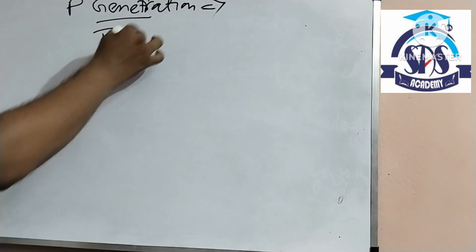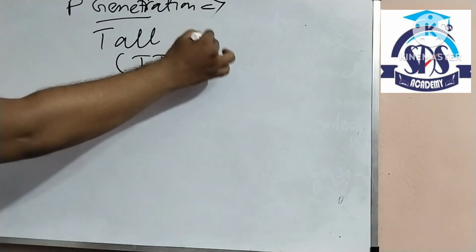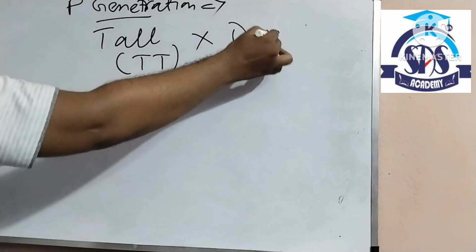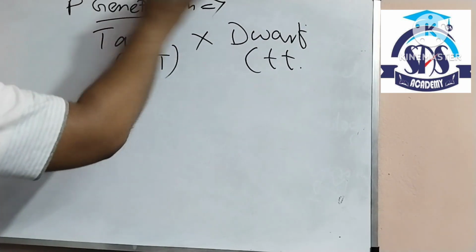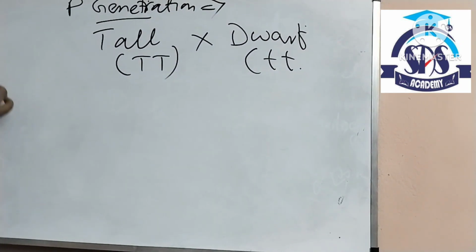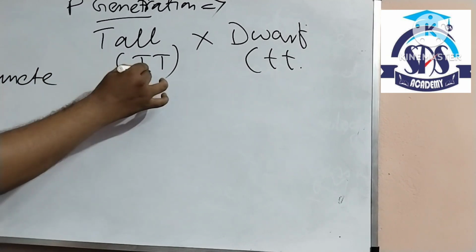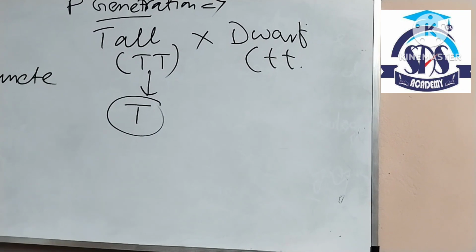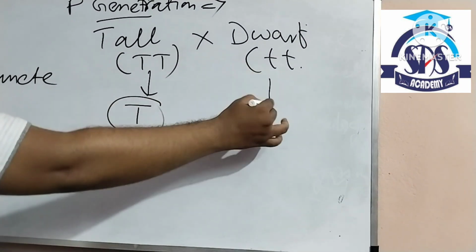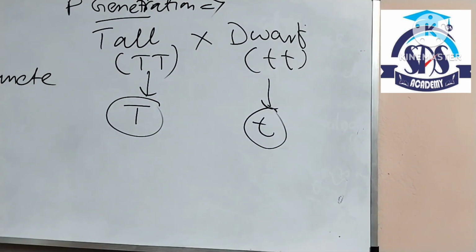One is the pure tall, that is capital T, and another is the pure dwarf, small t. This is the P generation, the parental generation. Then they produce gametes. The tall plant always produces one type of gamete because of the homozygous state. On the other hand, the dwarf also produces one type of gamete, the small t gamete.